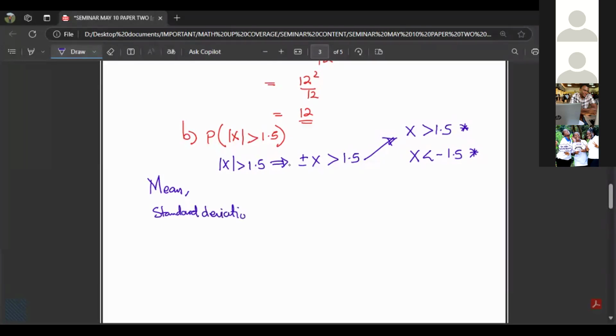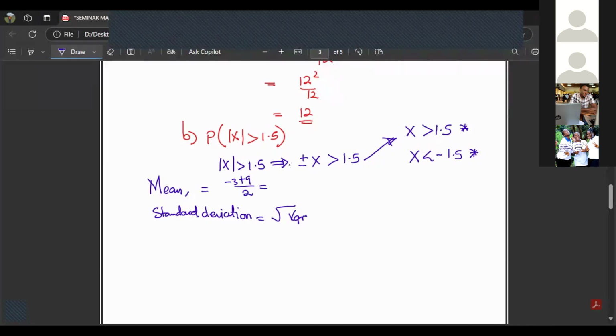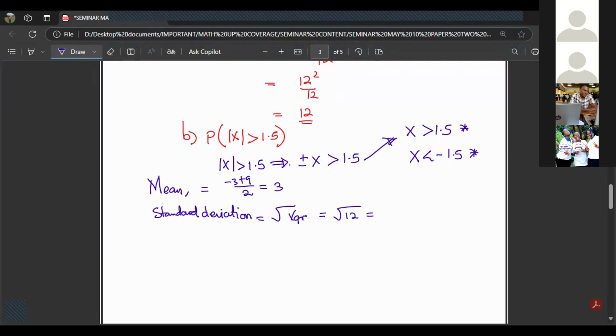And standard deviation is the square root of the variance. For the mean, we just get the upper limit and the lower limit, the sum of the two, and divide by 2. So we have -3 plus 9 over 2, and that is 3. And the square root of our variance is √12. We can just leave it as that.